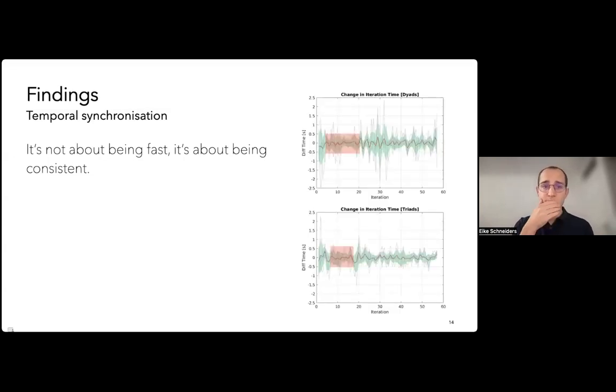What we see here are two graphs plotting the raw data for the dyads on top and the triads in the bottom, with the average illustrated as a red line. We have here just under 60 iterations plotted, given that that was the lower bound, so the group with the least iterations completed around 60 iterations.